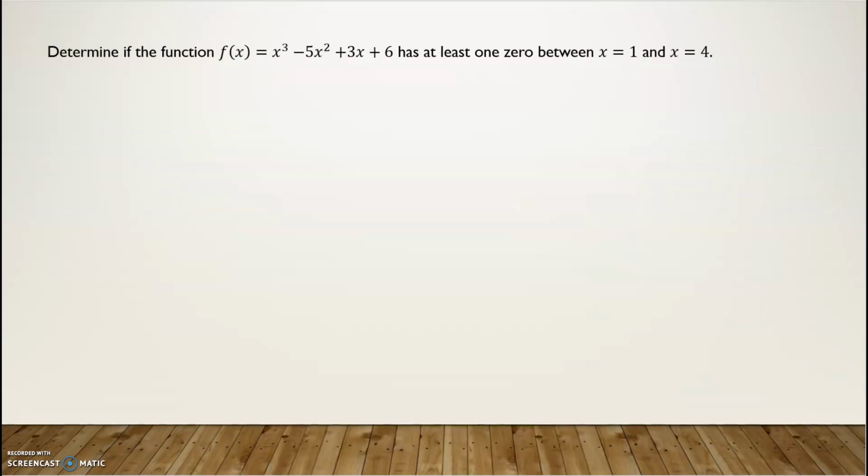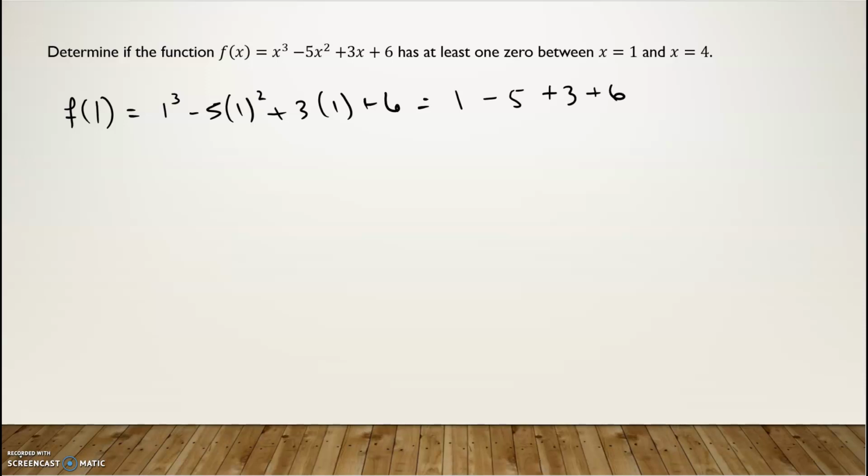Determine if the function f of x equals x cubed minus 5x squared plus 3x plus 6 has at least one zero between x equals 1 and x equals 4. So all I'm going to do is take f of 1 and plug that in. That'll be 1 minus 5 plus 3 plus 6, which gives me 5.